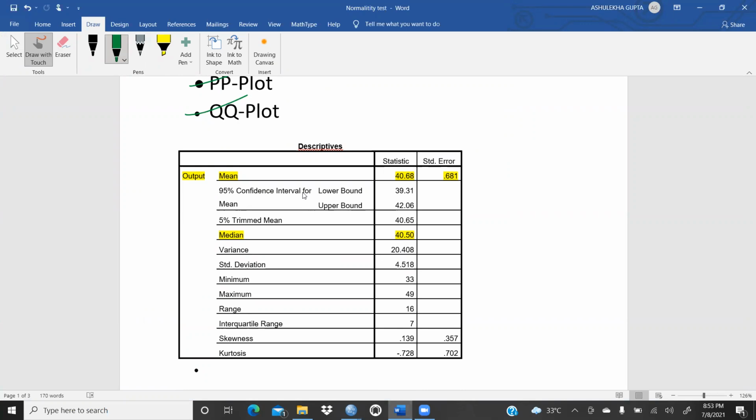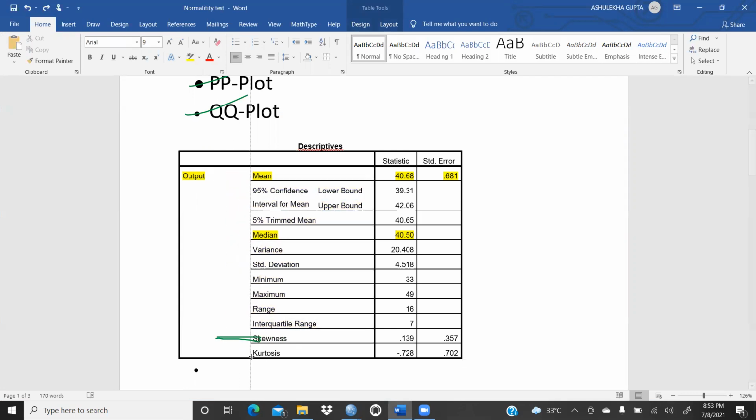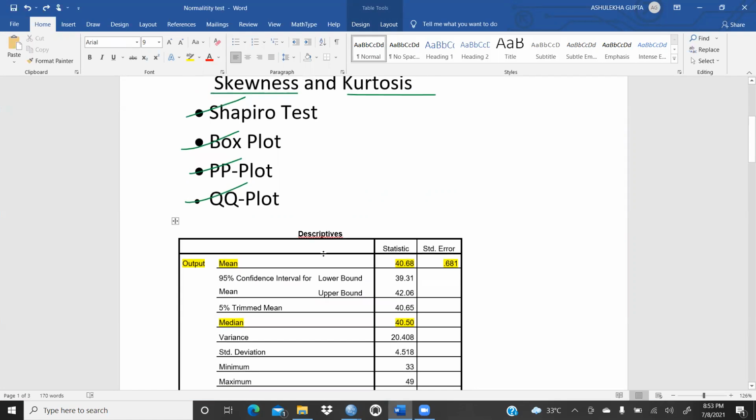Through descriptive analysis, we will check the mean, median, and mode, as well as skewness and kurtosis. We have already studied in statistics that for normal data, mean equals median, and median equals mode.